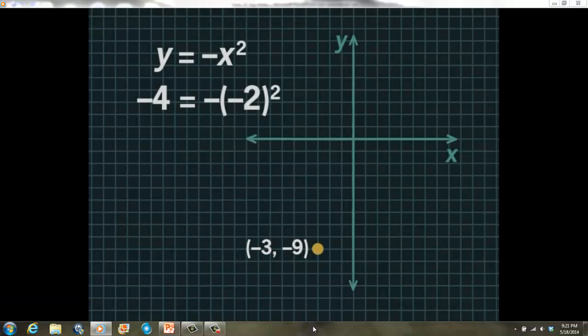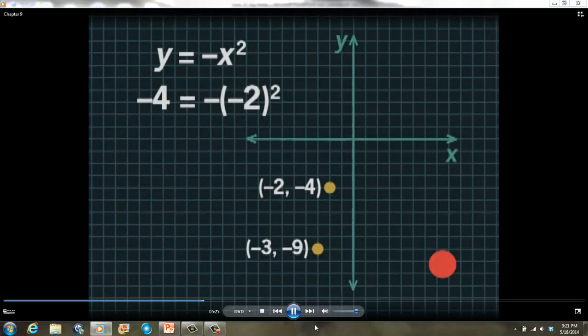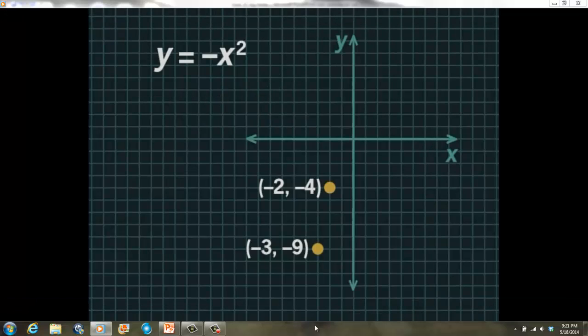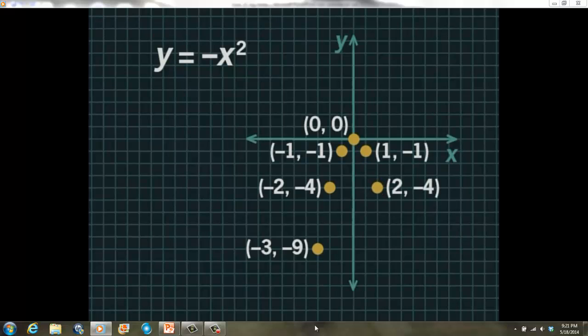The opposite of 4 is -4. So, (-2, -4) is on the parabola. Hey, this is kind of like the last parabola, except now all the y coordinates are negative. So, plot (-1, -1), (0, 0), (1, -1), (2, -4), (3, -9).